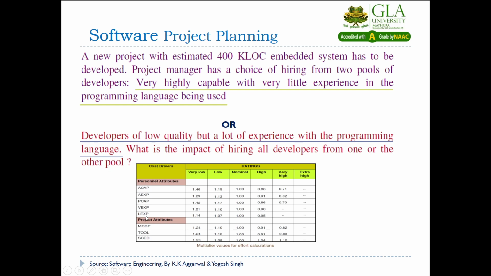Language experience is much more, so the value will be 0.95. But developers of low quality means they do not have experience related to embedded system development, so they will go for 1.29 for the second case.